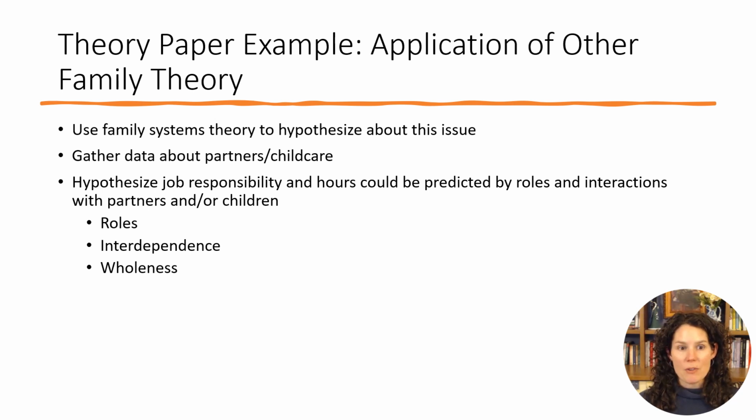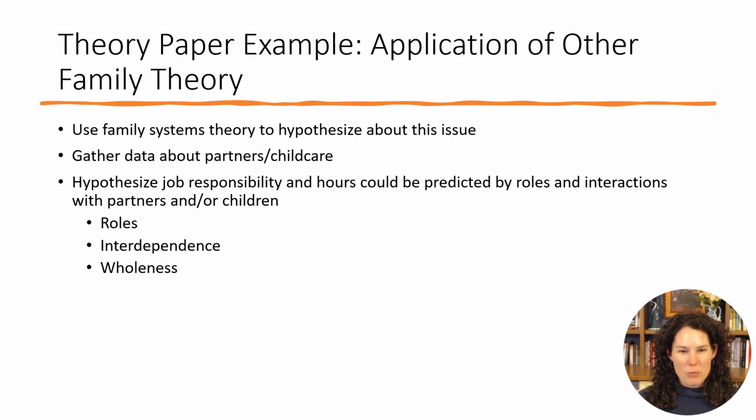So I might gather data from people about their partners or their childcare providers, and I would hypothesize that their job responsibility and hours worked could be actually predicted by the roles and interactions they have with partners or other family members or childcare providers and kids.